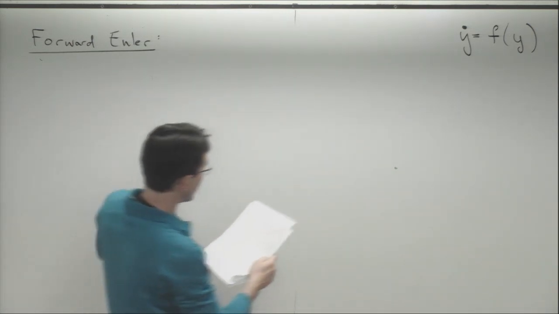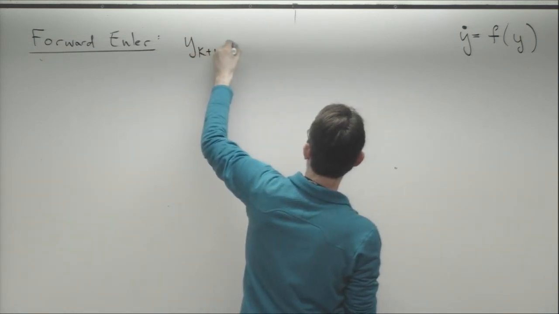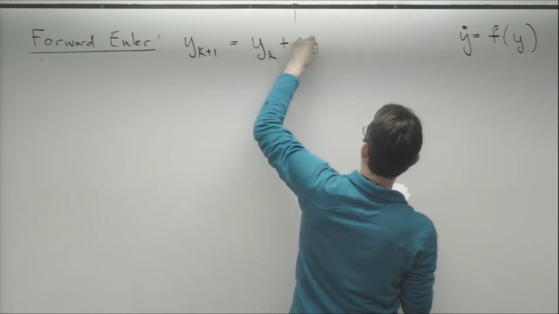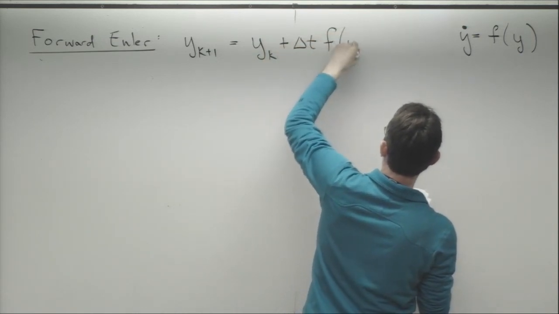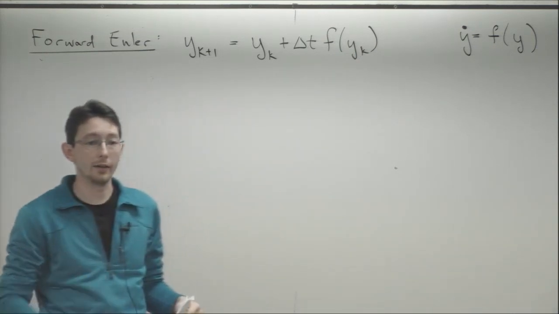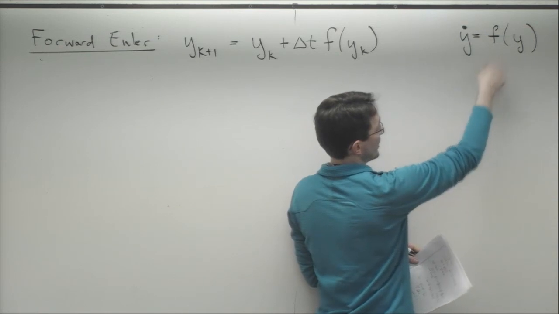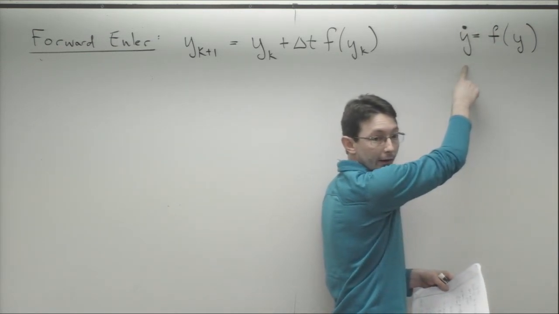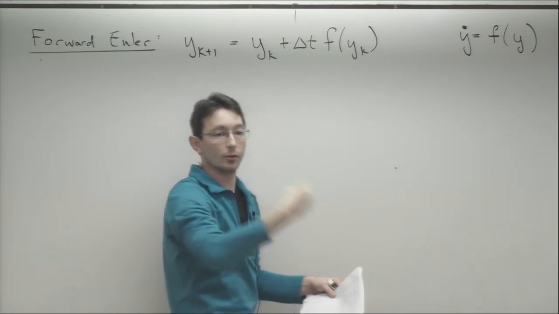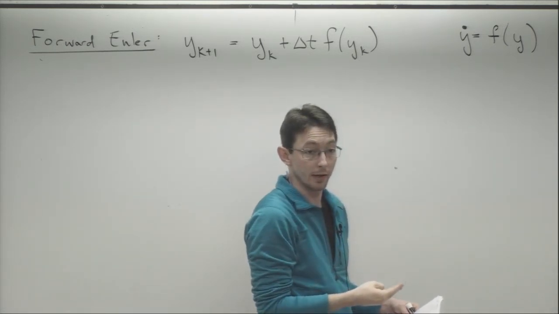And forward Euler says that y at time k plus 1 equals y at time k plus delta t f of y at k. Okay, the way we derived this expression was we tried to use an approximate finite difference derivative for y dot, and then when you plug that in, you get this approximate discrete time update for y at future times based on y at the current time.